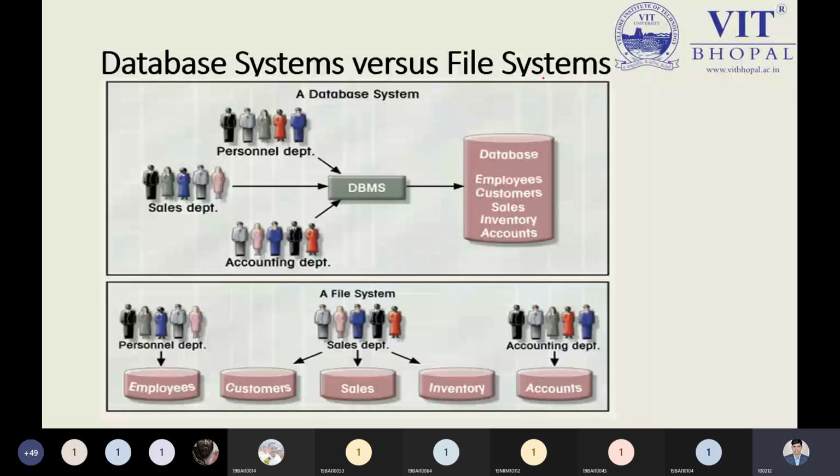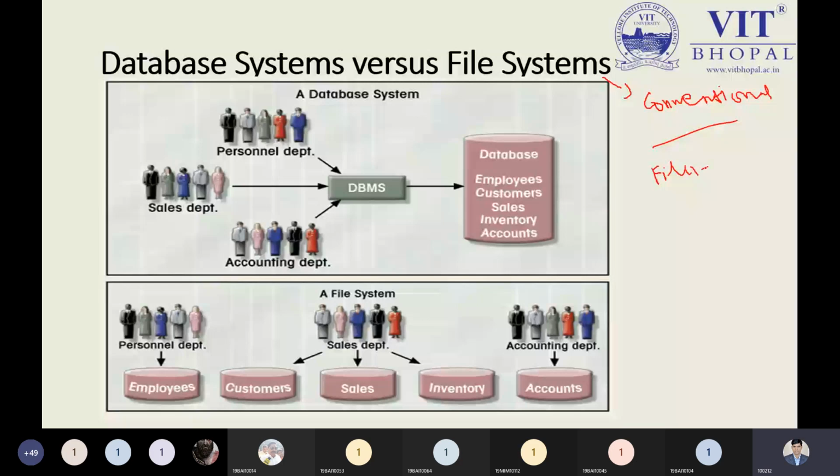The file system is basically the conventional approach, the traditional approach. In the conventional approach, if you need to visit any government office or any office, we have a number of files, file 1 to n.